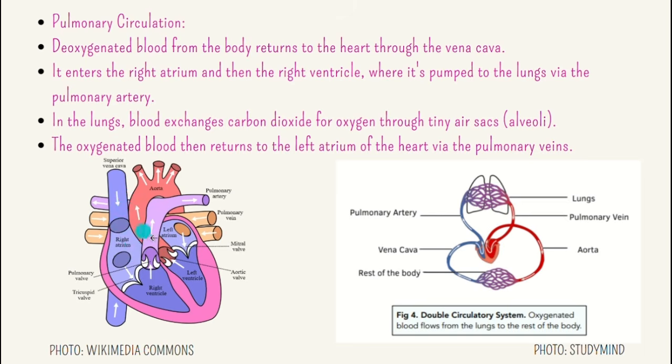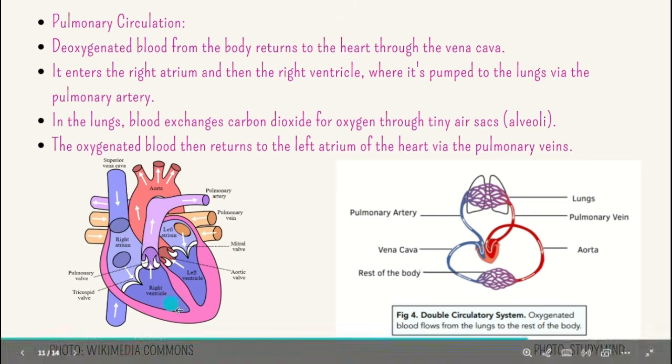It's going to the right atrium, then it's going to the right ventricle. So this tricuspid valve is just what prevents the backflow of blood. It just prevents blood from going the wrong way. We don't want the blood going back out through the vena cava. We want it going in one direction, right?